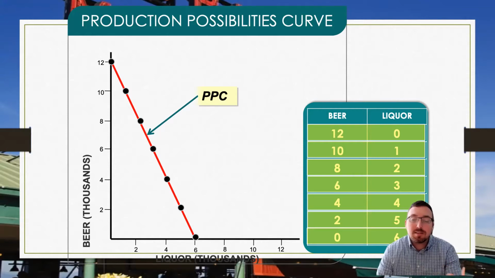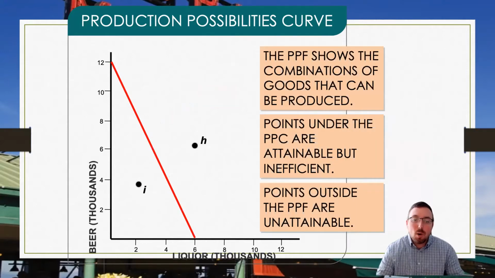Now, there is a possibility where we're not utilizing all of our resources, or maybe we don't have enough resources. Okay, so points that are below the line here, for example, point I represents combinations of the good that can be produced, but not efficiently. So what do we mean by that? Well, here at point I, you could roughly say that we're producing 4,000 bottles of beer, or about 2,000 bottles of liquor.